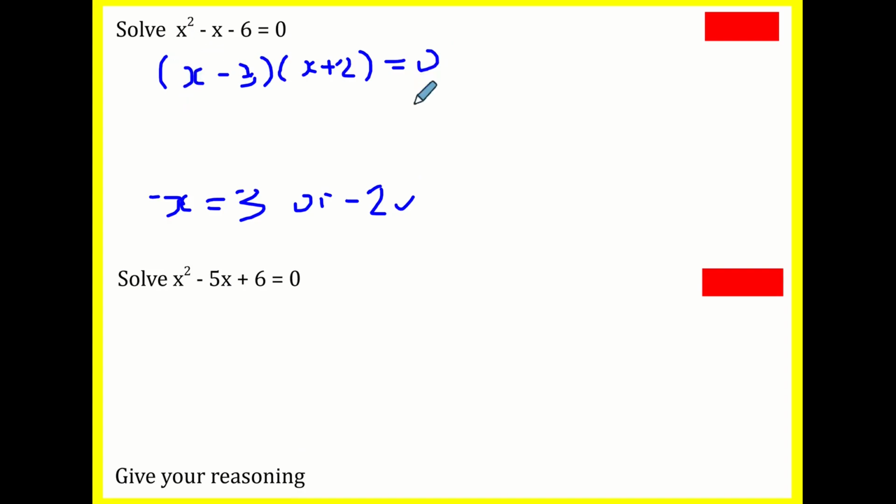You can't have 2 times 3 or 2 times some other non-zero number and get 0. So here, one of these must be 0, basically. X minus 3 equals 0, or x plus 2 equals 0.